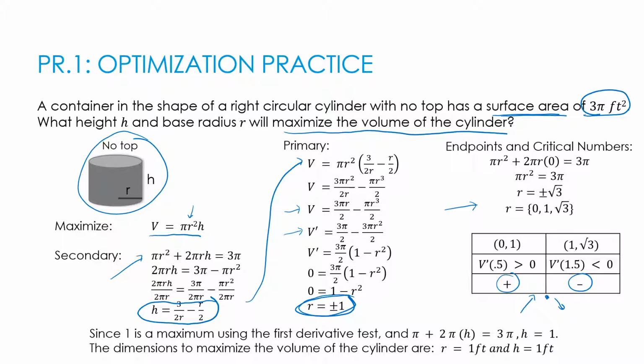So the maximum is at 1, and I'm going to plug that back in to find the maximum radius, I'm sorry, the radius that I would use is 1, and the height that I would use is also 1. And that would give me the 3 pi feet squared. That would maximize the volume of the cylinder.